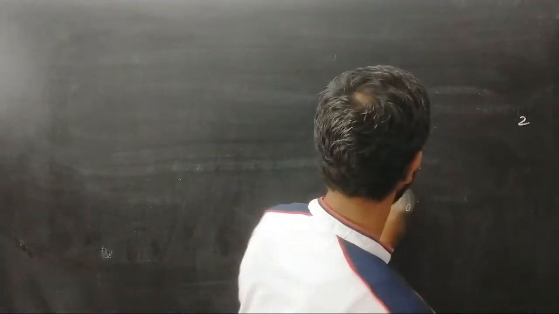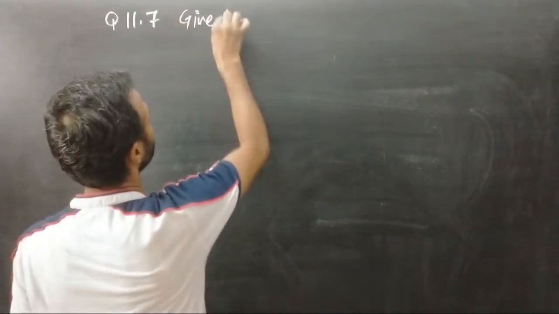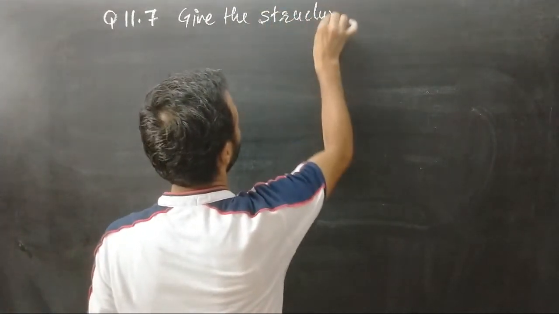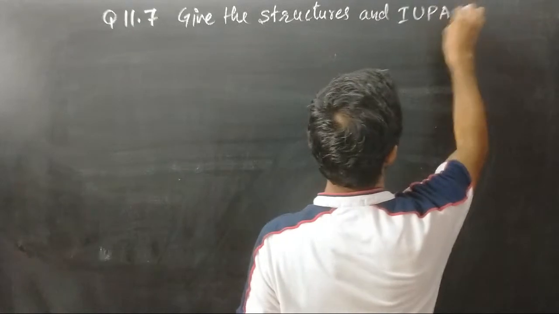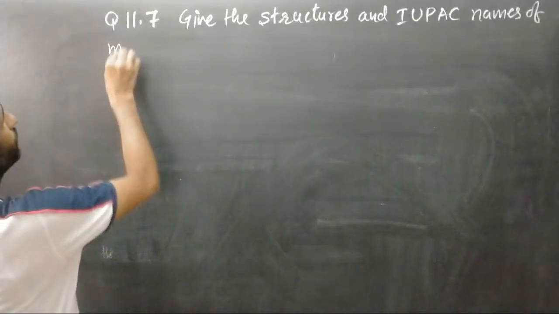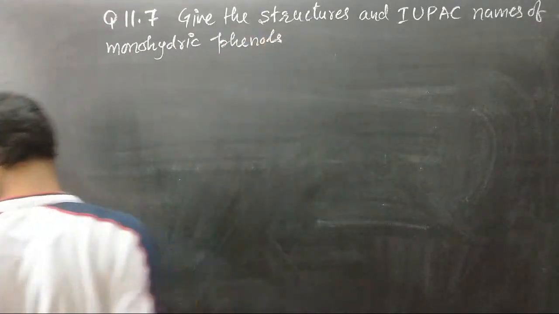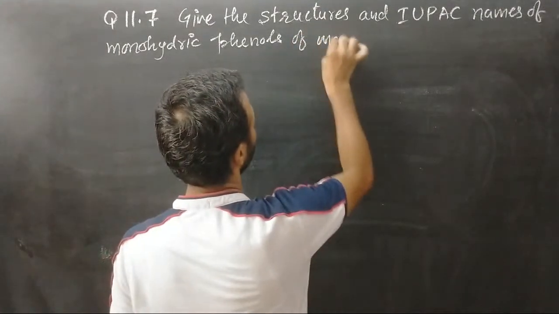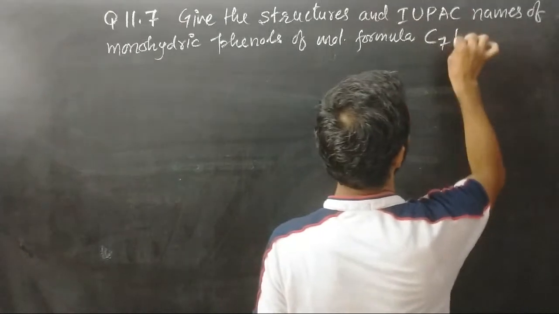Now question number 11.7. Give the structures and IUPAC names of monohydric phenols of molecular formula C7H8O.